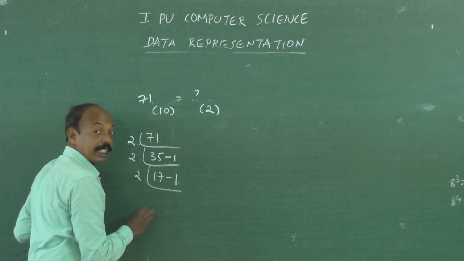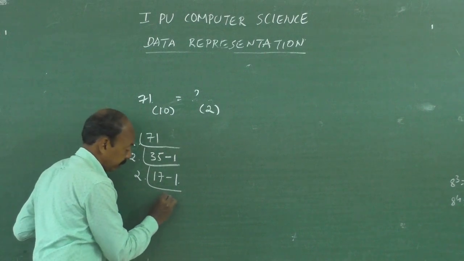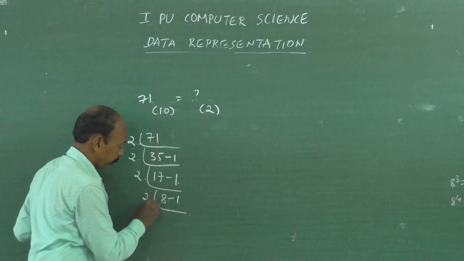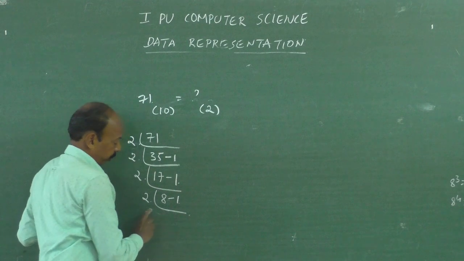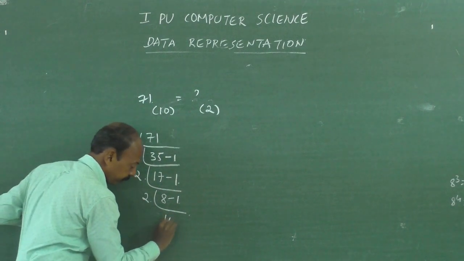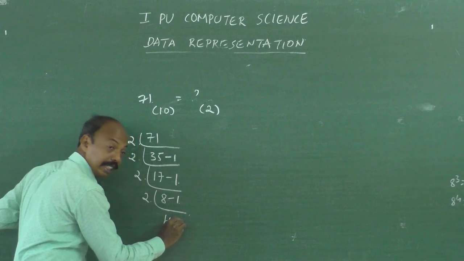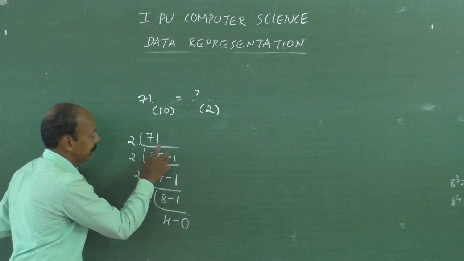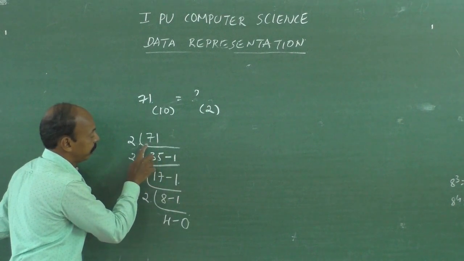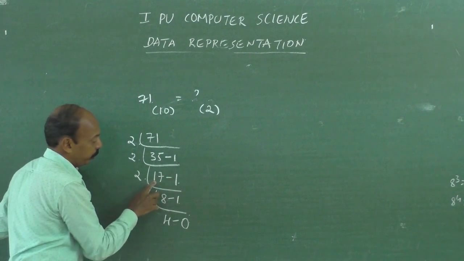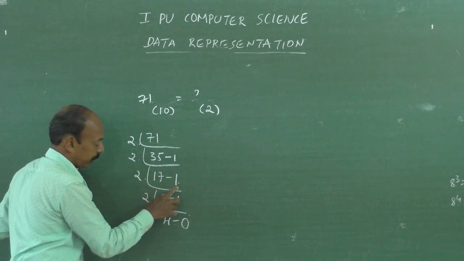8 and 8 are 16. Again divide by 2. 4 plus 4, 2 4s are 8. Is there any remainder? No. So in these cases we had, see, 71 minus 70 is 1. 35 minus 34 is 1.